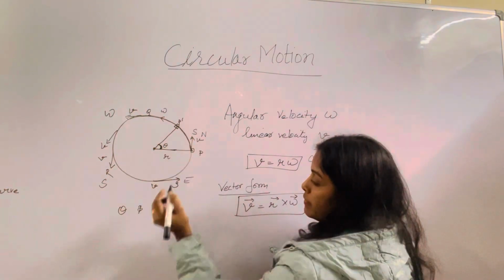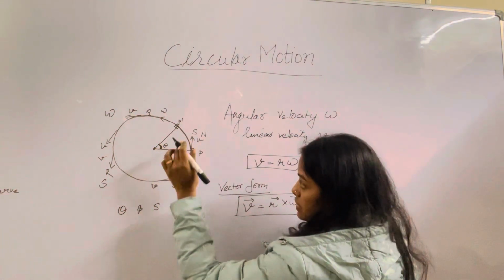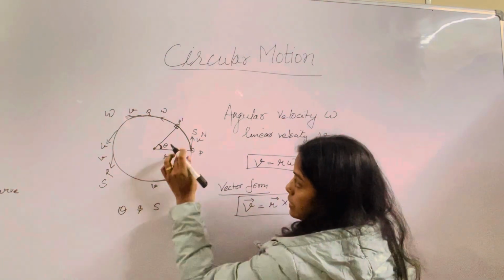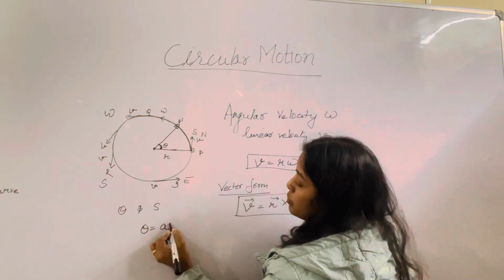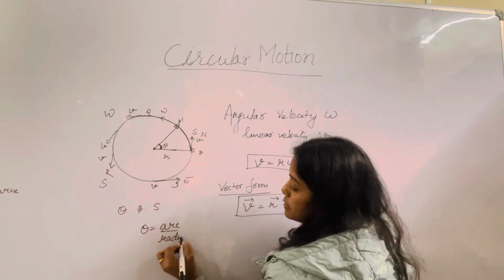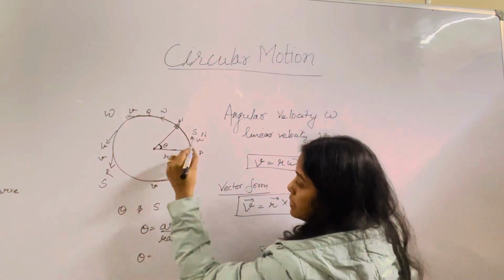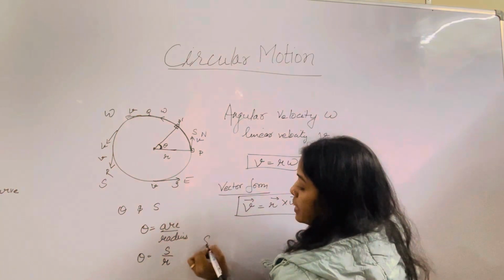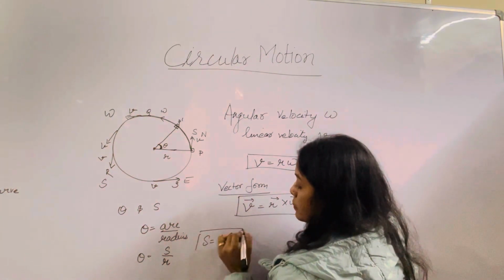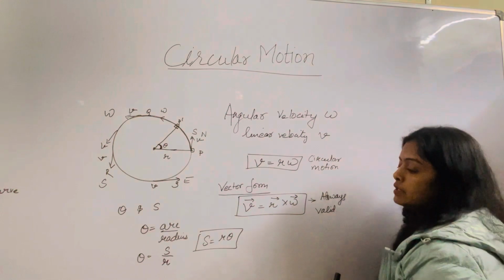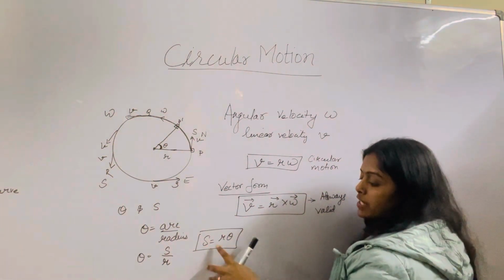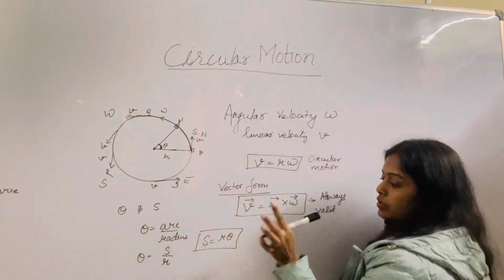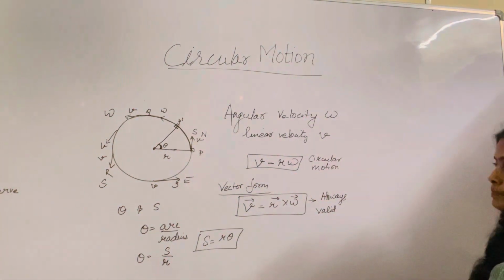So we will use the arc or sector formula, in which the angle theta is equal to arc upon radius. Here the arc is the linear displacement s and the radius is r. So s is equal to r theta. This is the relation between linear displacement and angular displacement, just as the earlier one was for linear velocity and angular velocity.